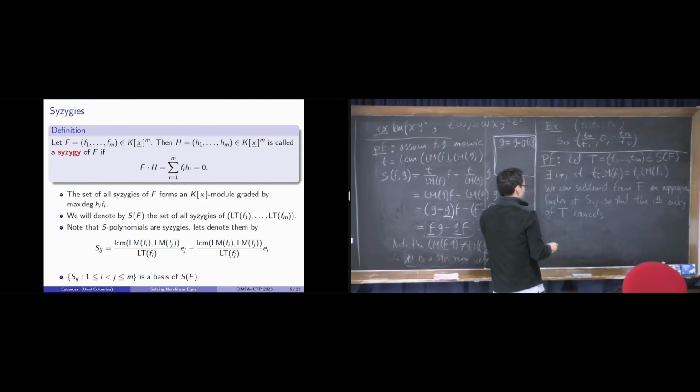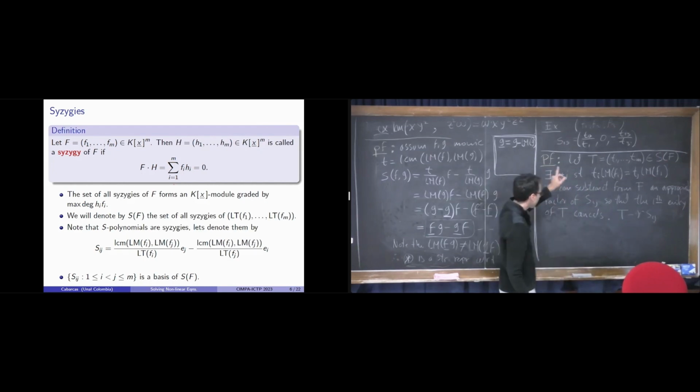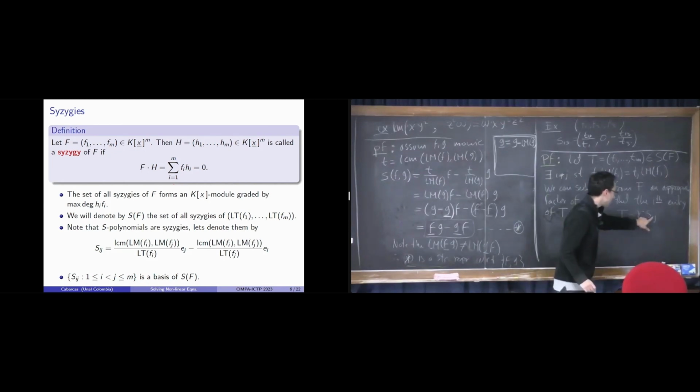It would look something like T minus some R multiplied by Sij. Right? And we're only affecting the entries i and j, because those are the only non-zero entries of Sij. So we are canceling one entry and affecting only this other entry.